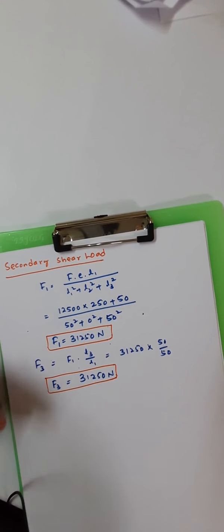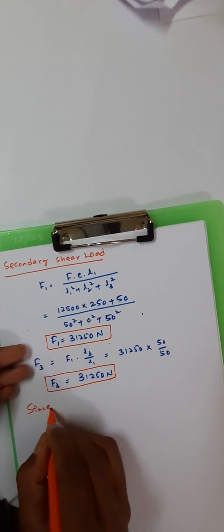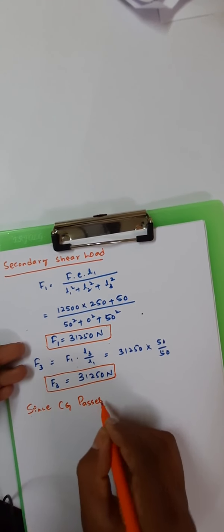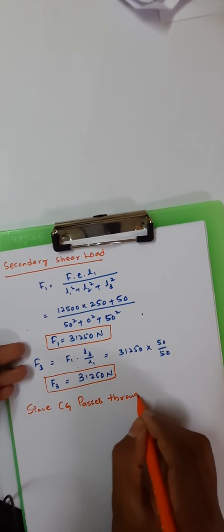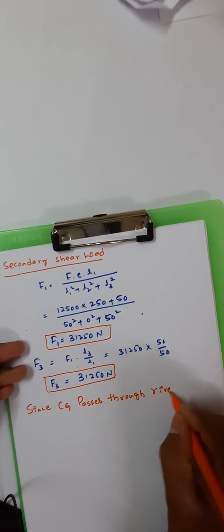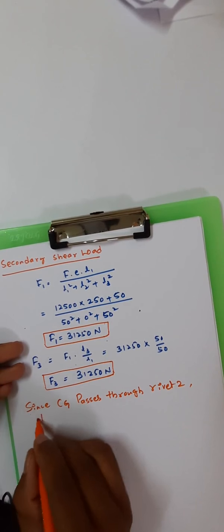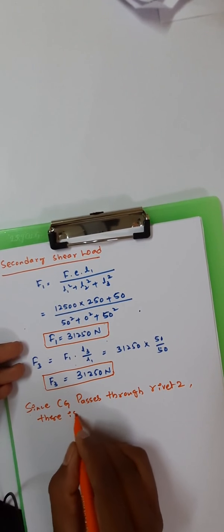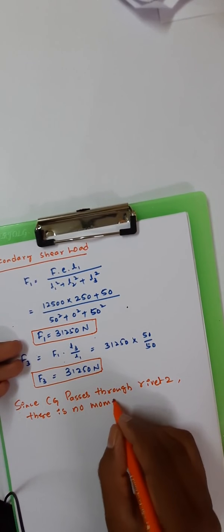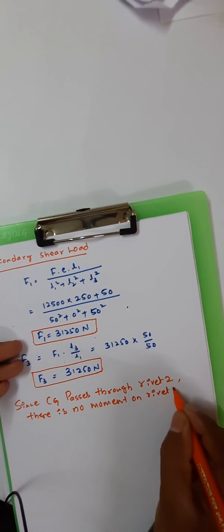Since the CG passes through rivet 2, there is no moment on rivet 2.